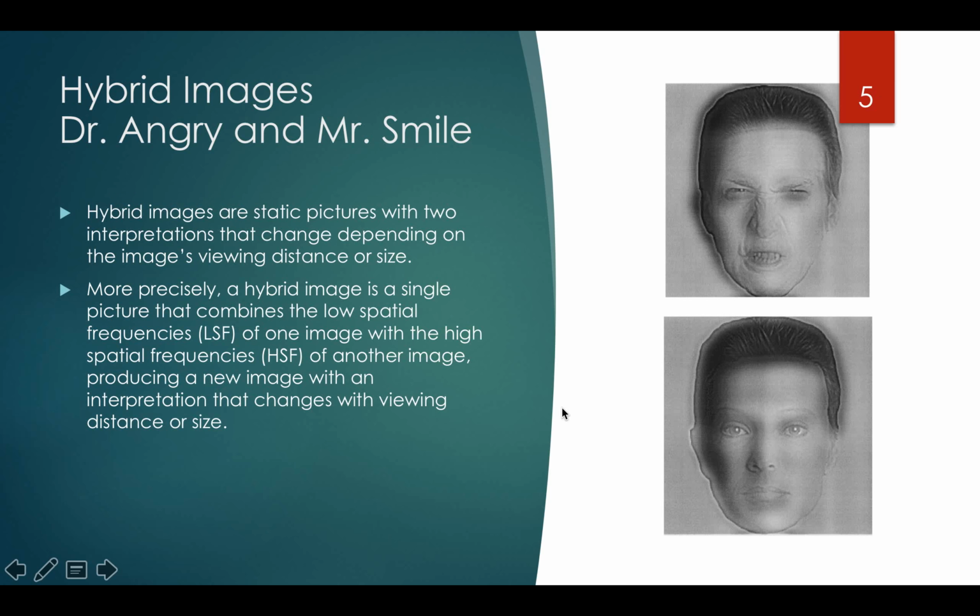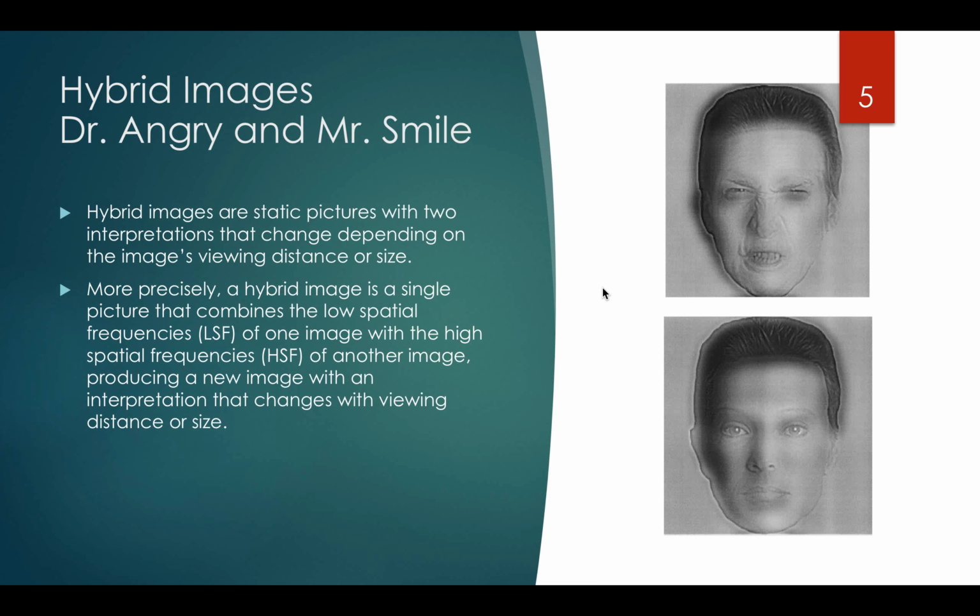Here, let's look at these pictures on the right. There are two hybrid faces. The fine spatial scale represents a non-expressive woman in the bottom image and an angry man in the top image. Yeah, he's very angry. And the coarse spatial scale represents the angry man in the bottom picture and the neutral woman in the top picture.